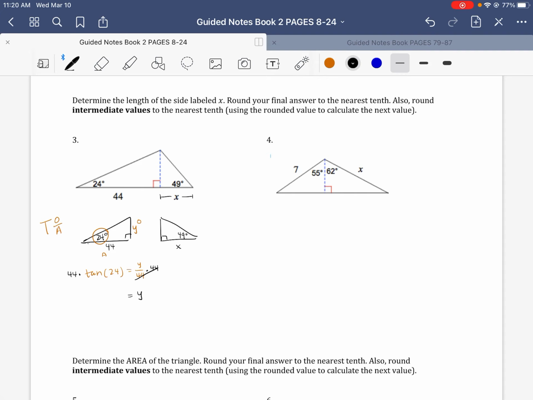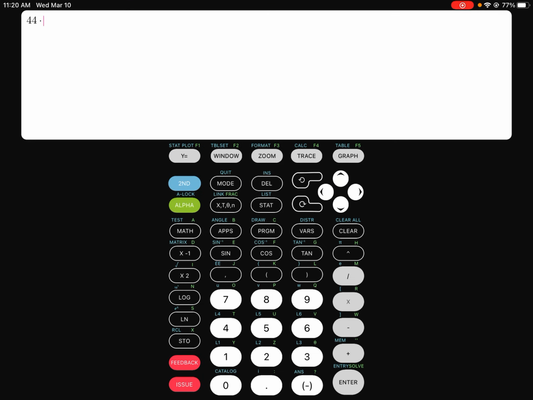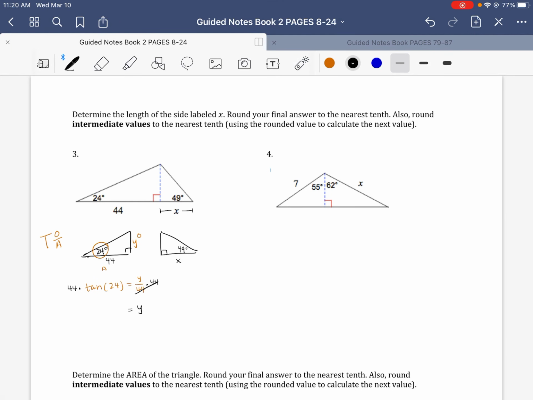So in this case, 44 times the tangent of 24. Let's do that really quick. 44 times the tangent of 24. So 19.6. Again, we're rounding to tenths. So if this is 19.6, now notice if I come up here and put this on my triangle, because it's the same thing as y, they share that side in the middle.